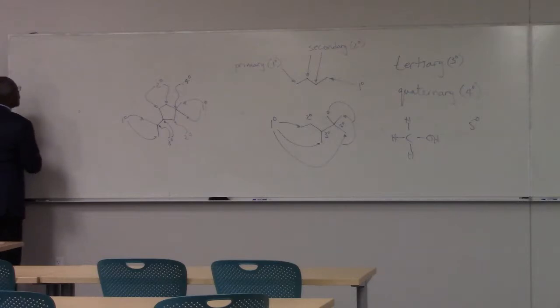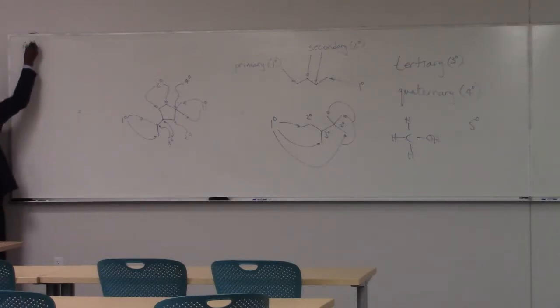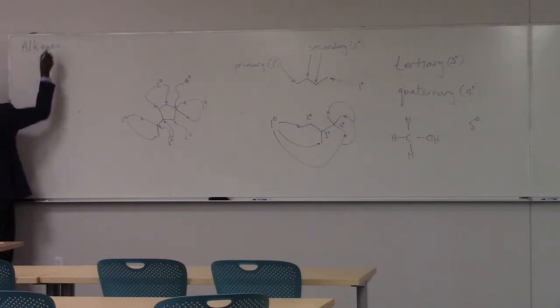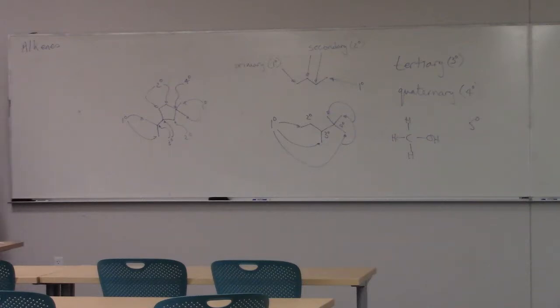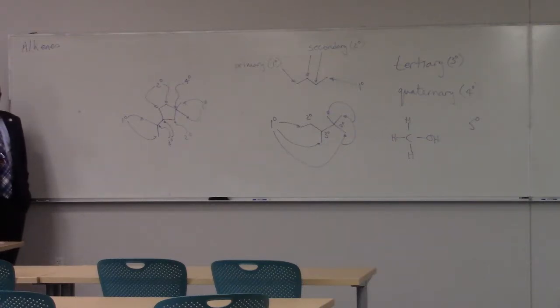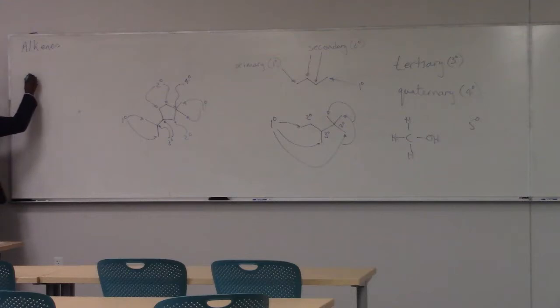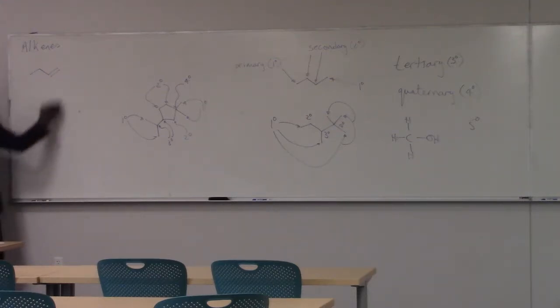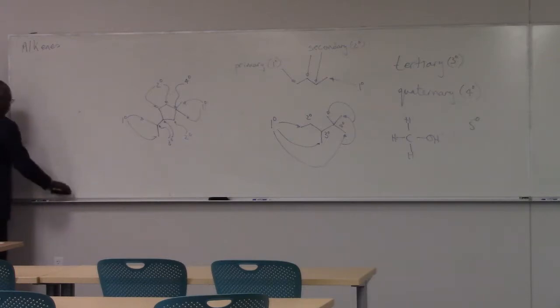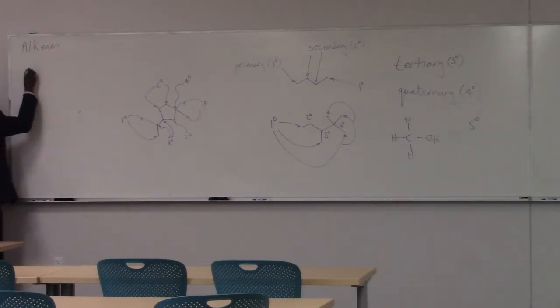There are also alkenes. And alkenes are compounds that have carbon-carbon double bonds. So the simplest would be this compound.